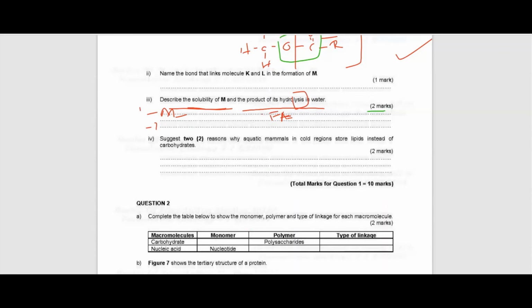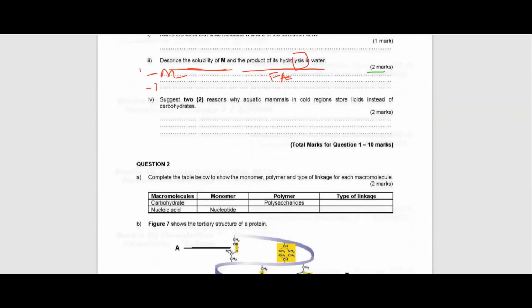The animal requires more energy to warm its body, so that's why lipid is preferable compared to carbohydrate. Another point that you can write is that lipid functions as a heat insulator to retain the body heat of these animals. So there are several points that you can get, and you can mention any 2 of the points.